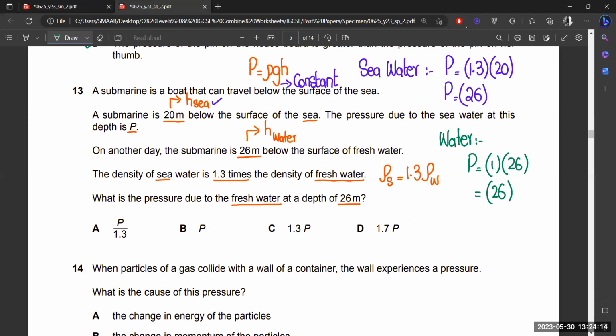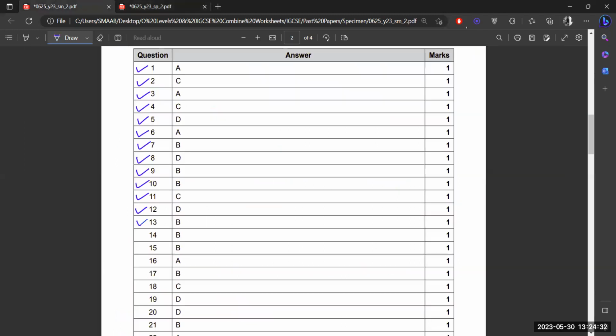So basically in this formula, we are having three factors. So if we increase one factor, decrease the second factor, so quantity will remain same. So that's why we are getting same answer in both cases. So it means pressure will remain same, that is B. Yes, 13B.